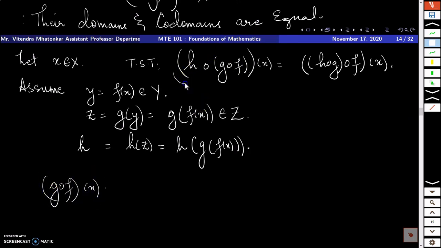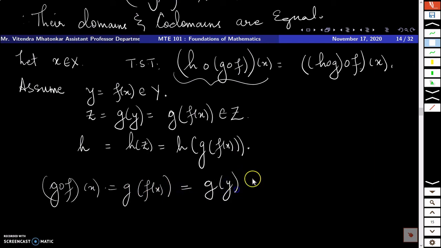Okay, I'm coming to this. So g composite f, let's look at that first. g composite f of x will be g of f of x, right? By definition of composition of functions. And that is nothing but, f of x is y, so this will be g of y, and g of y is nothing but z from here, right? So g composite f of x is nothing but z.